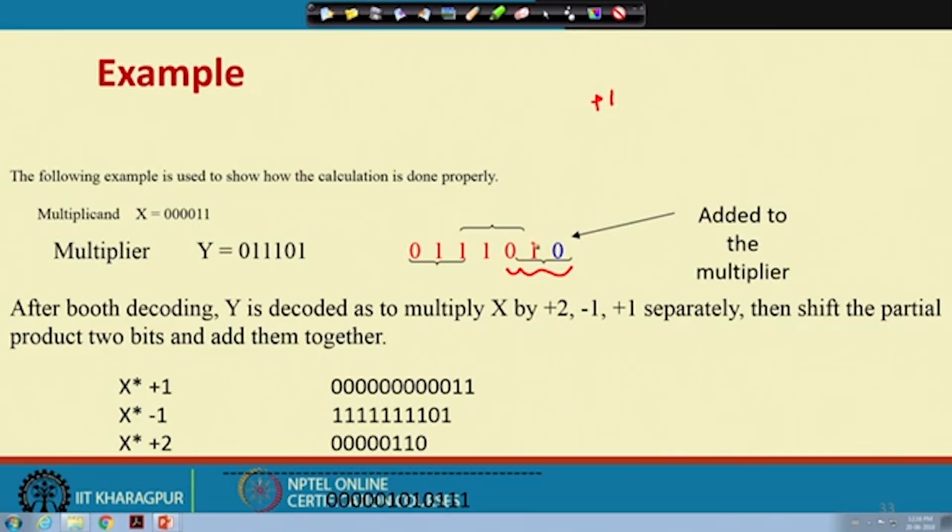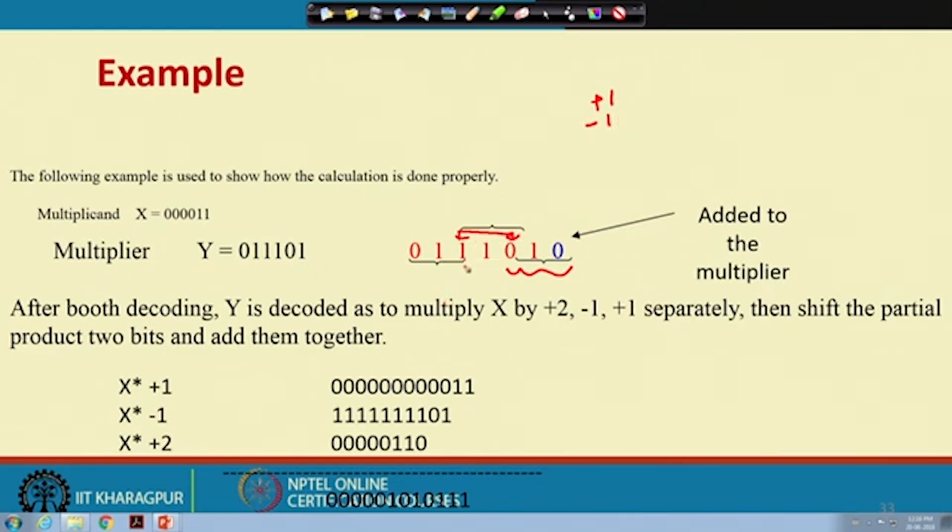Then I have to overlap for the last bit position. Whenever I consider the next set of 3 bits, I will consider from this to this. For 1 1 0, that is minus 1.